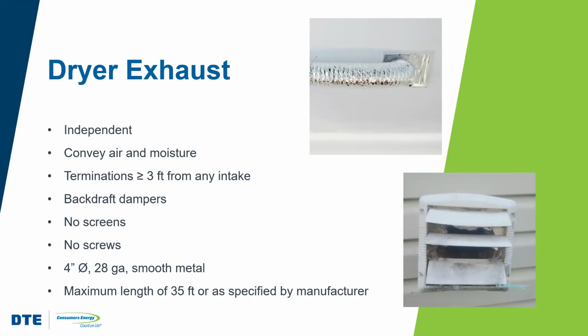Those screws could potentially entrap lint and create a fire hazard. And so we don't allow screws here. We also don't allow screens. And we want to make sure that ductwork is a smooth metal, right? So this here, we would prefer that this be a smooth metal.